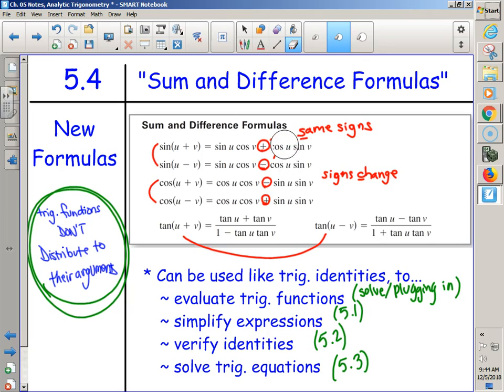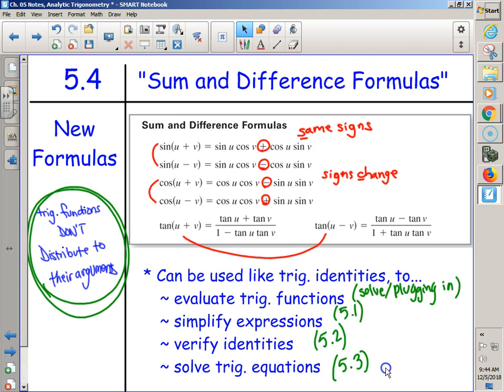These are little clues. I know they're silly clues, but I think they're good clues. Sine, same signs. Cosine, signs change. So if I have an addition for sine, it's going to be an addition. If I have a subtraction, it's going to be a subtraction. For cosine, addition will be subtraction, subtraction will be addition.